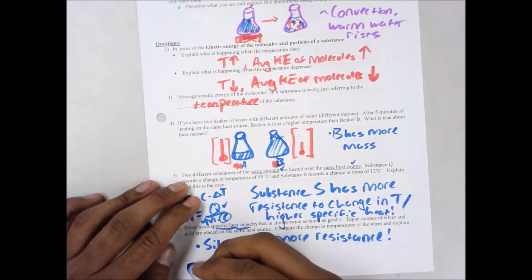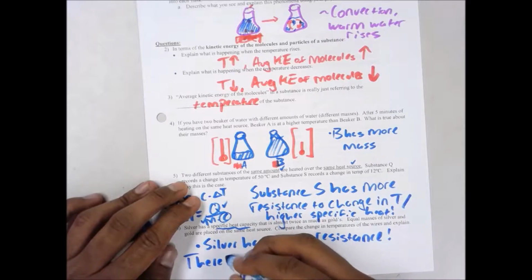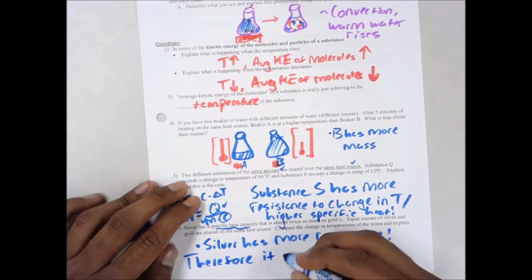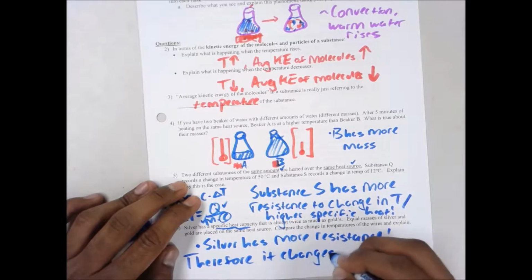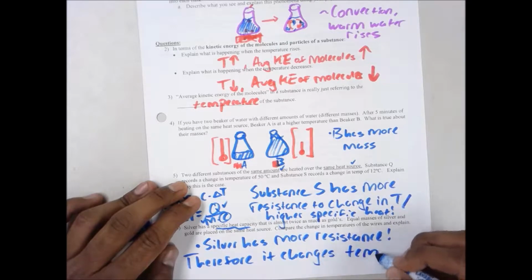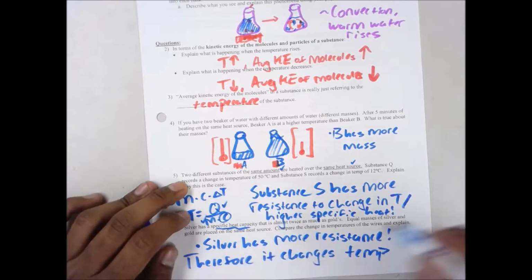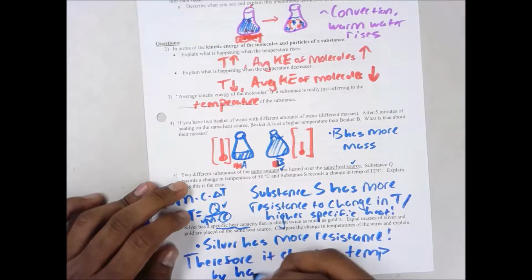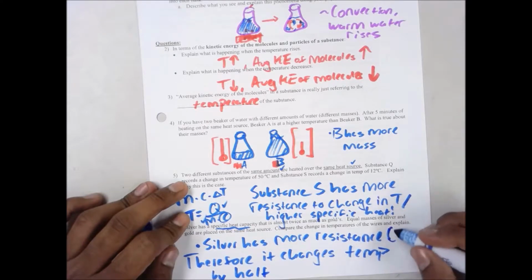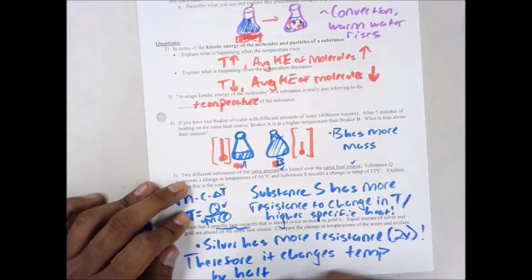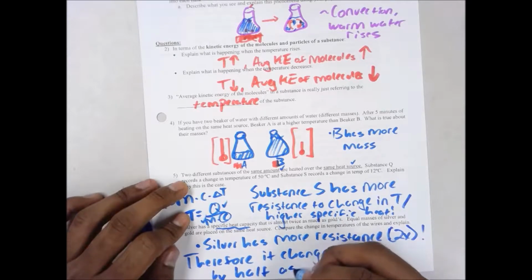Silver has more resistance, therefore it changes temp by half as much. Two times as much resistance, so it changes the temp by half as much.